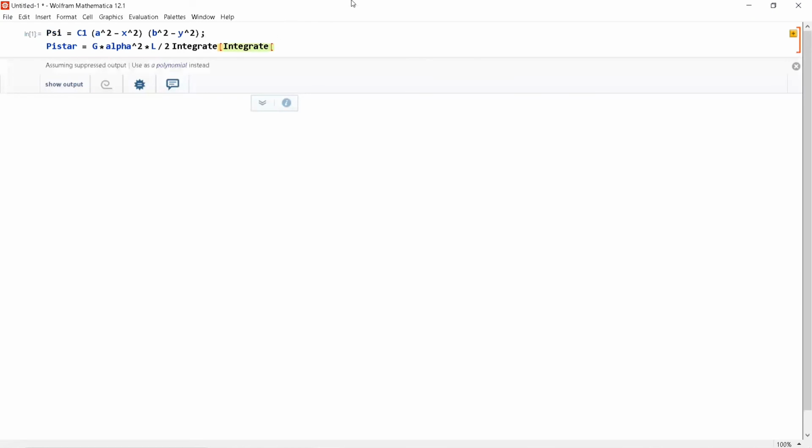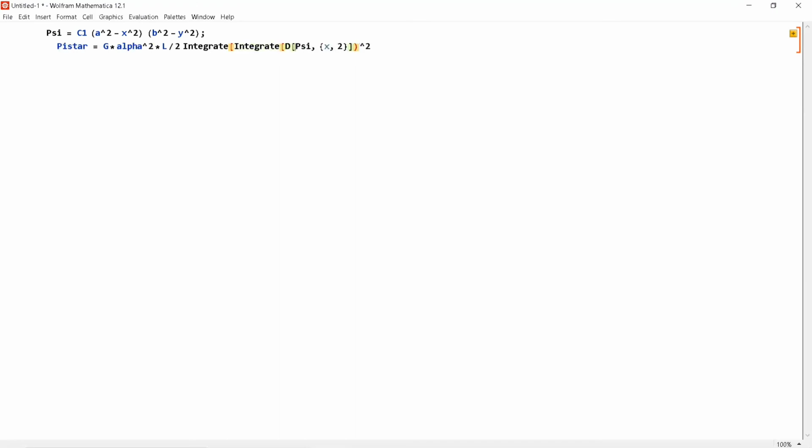So all I have to do now is evaluate an integral that takes the derivative of psi, the derivative twice. So it's 2 derivatives there, I believe. And we want to square that quantity, whatever that is. Yeah, that looks good to me. No errors.